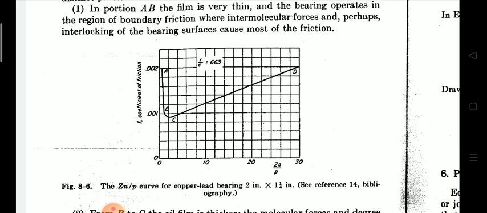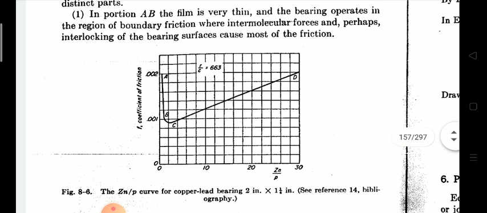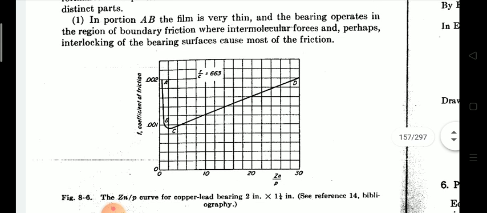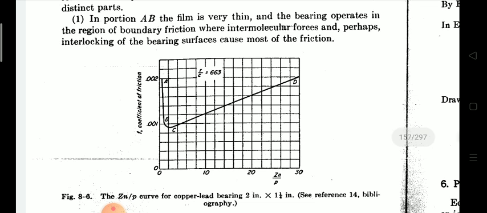So during the portion of AB, with the thin oil film, the most friction is going to be produced during the operation of the bearing, right? So during this operation, the external force is required to lubricate the bearing at regular intervals.